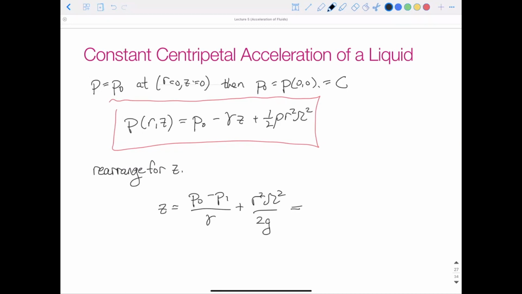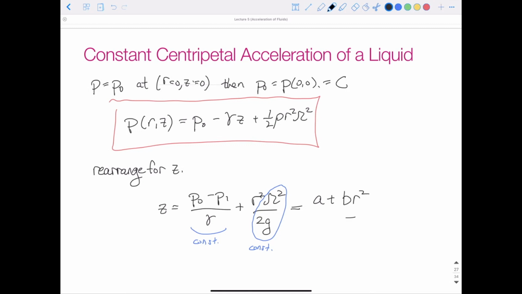And if we recognize this as a form where we have a constant, and then this section right here could be another constant, then we basically have an equation a plus b r squared.